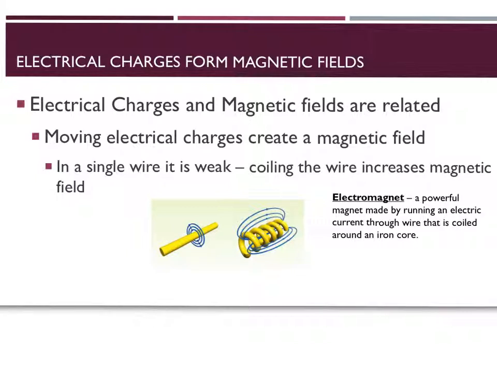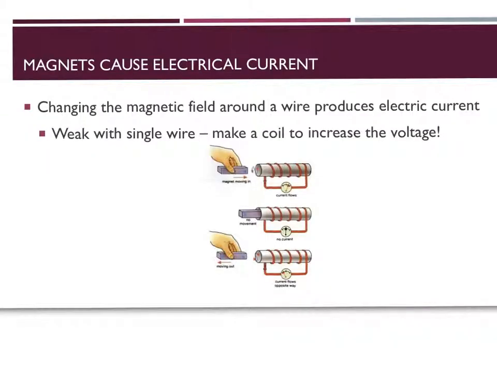In fact, we do this quite often. Some of the strongest magnets that we have are called electromagnets. They're very powerful just by running a current through lots and lots of coils of wire, and having an iron core makes a really strong magnet. By changing the magnetic field around a wire, we can produce electric current.